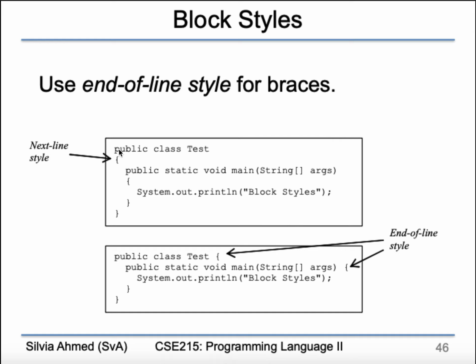That means after you write this, you start the curly brace from the next line, or it's the end of line style, meaning you start the curly brace right away. Okay, so it's up to you which style you will choose to follow, but keep in mind that whichever style you choose to follow, be consistent about it. Okay, that will be your signature style.